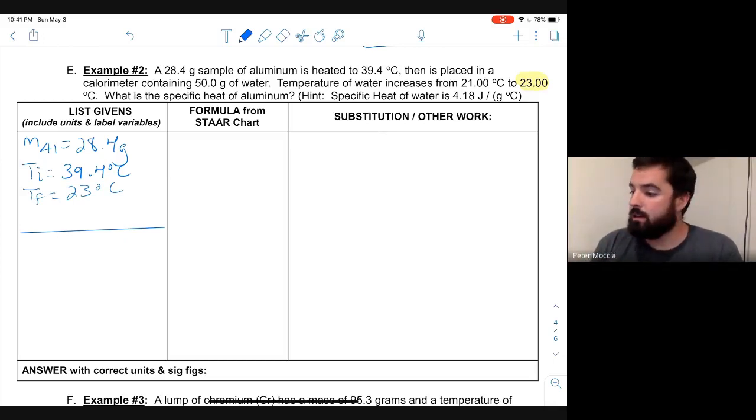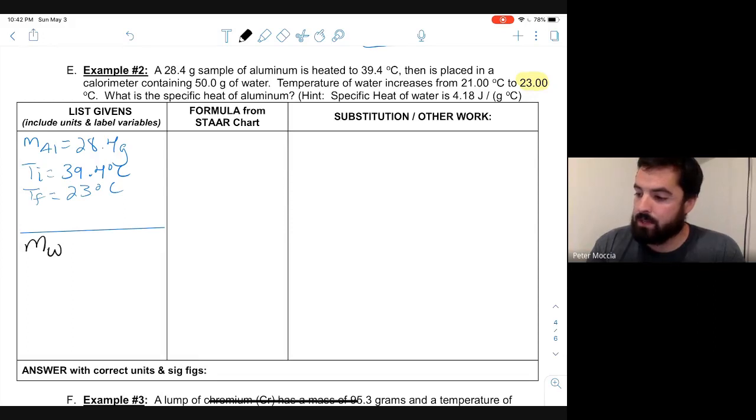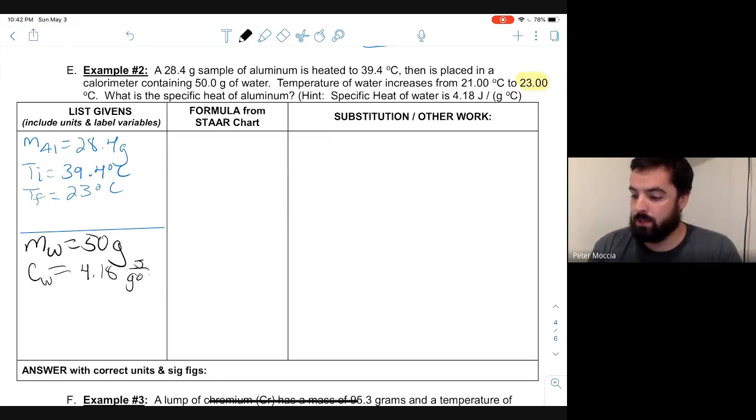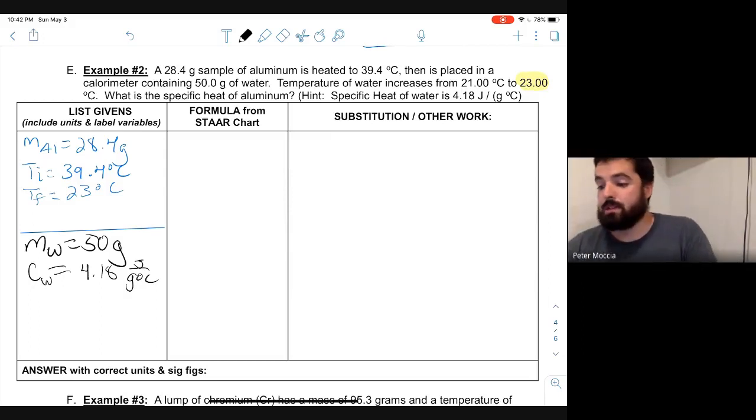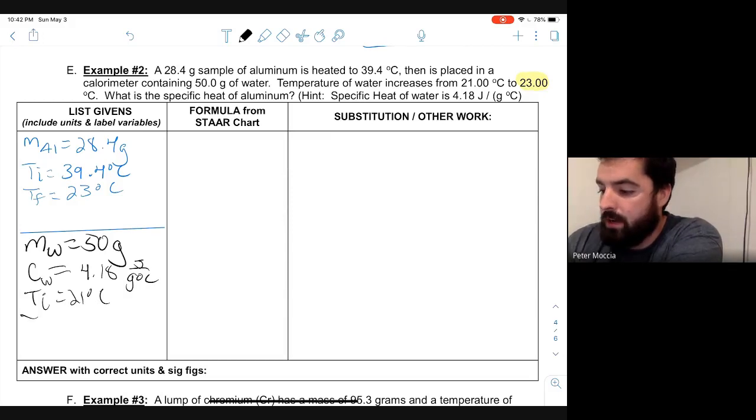And then we can talk about the water. The mass of the water is 50 grams. The specific heat of water is equal to 4.18 joules per gram. This time we're dealing with degrees Celsius, so we're going to say degrees Celsius. And TI, the initial temperature of the water, is 21 degrees Celsius. And the final temperature of the water is 23 degrees Celsius.